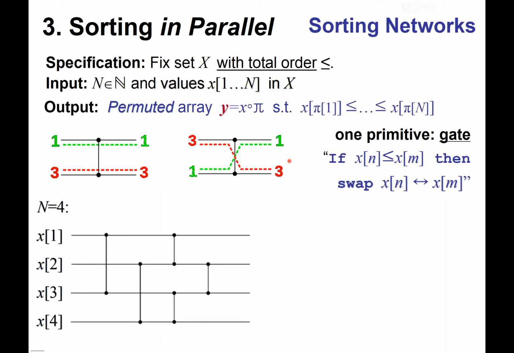First compare these two elements, then compare these two elements, then these two, and these two, and then compare these two elements. So this is a parallel algorithm using a total of 5 sorting primitive gates in order to sort 4 elements.